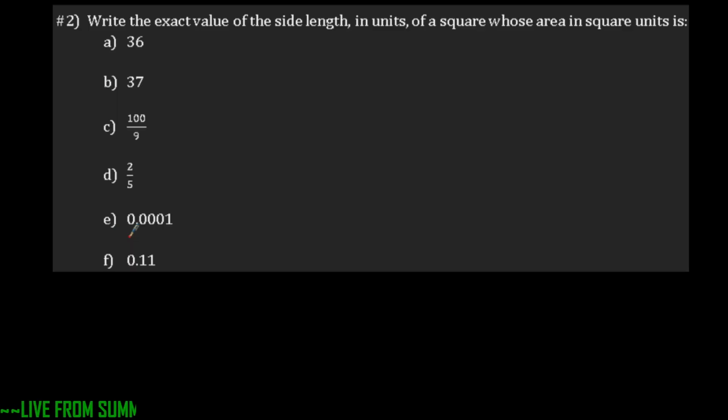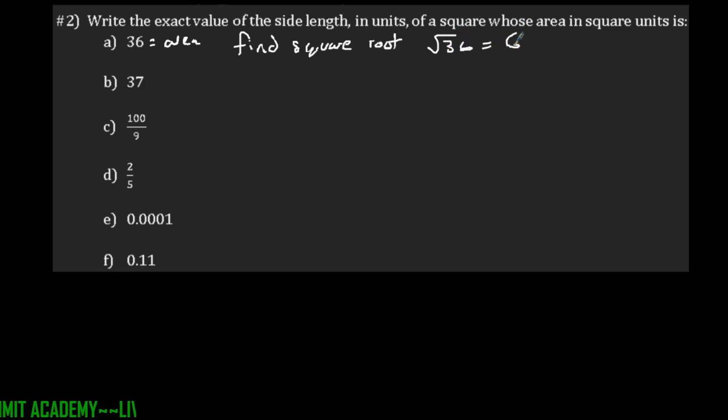For number 2, it says write the exact value of the side length in units of a square whose area in square units is given. So you're saying this is equal to area, and you need to find the square root. So square root of 36 is 6.